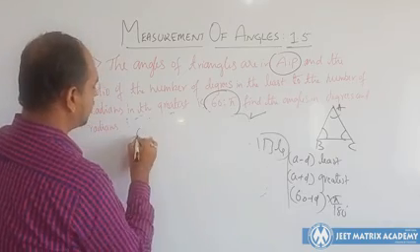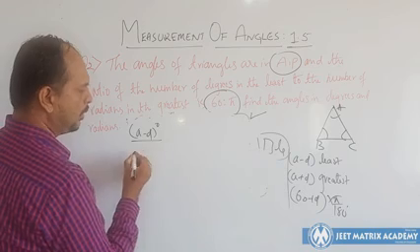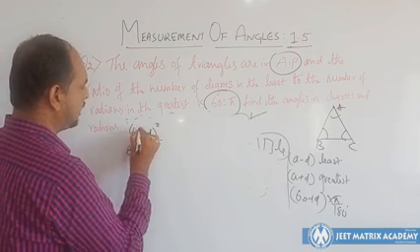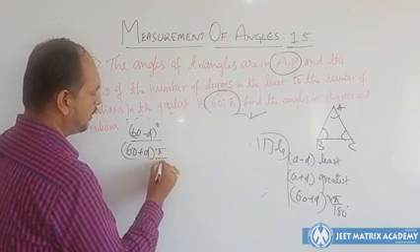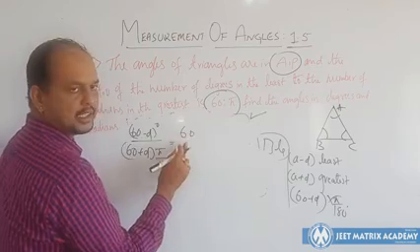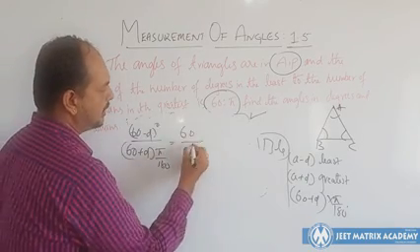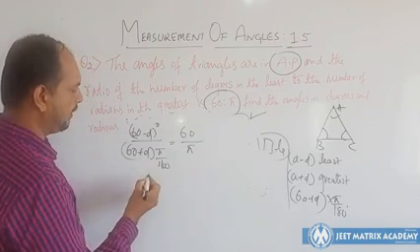Now rewrite. The least is 60 minus D, in degrees, divided by the highest, 60 plus D, multiplied by pi by 180, that is equal to 60 by 5. The least is in degrees, the highest is in radians. Now simplify.